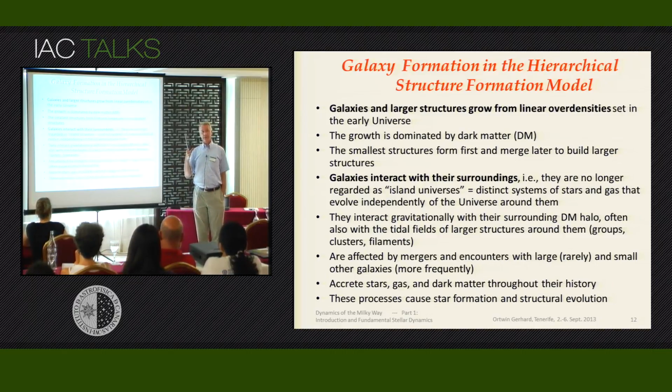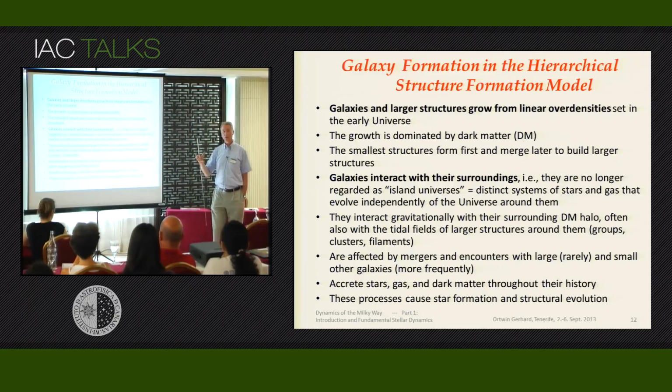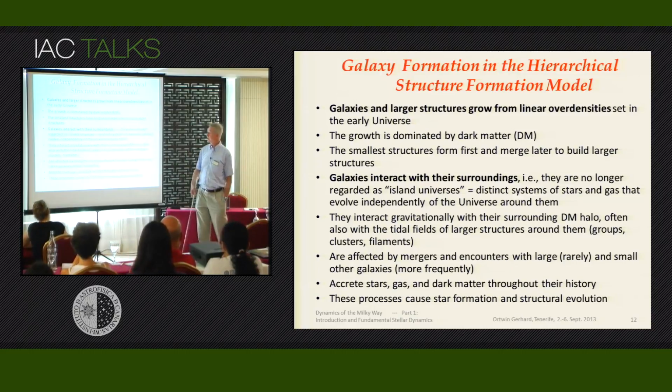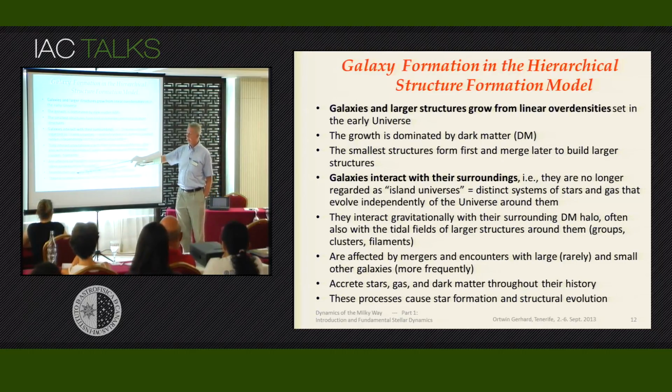And then there's the issue that with such interactions you can have accretion of stars, but you can also have accretion of gas in some even more diffuse way, and accretion of dark matter that's predicted to happen even now, although the accretion rates go down quite a lot as you go forward in time in this evolution. So that nothing is as significant now as it would have been at redshift 1 or 2.